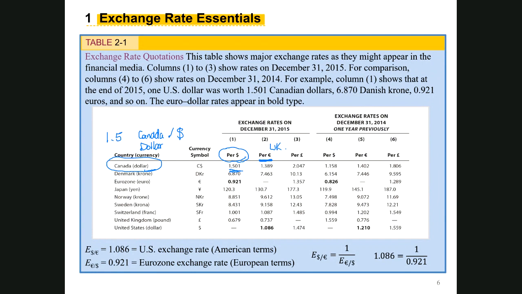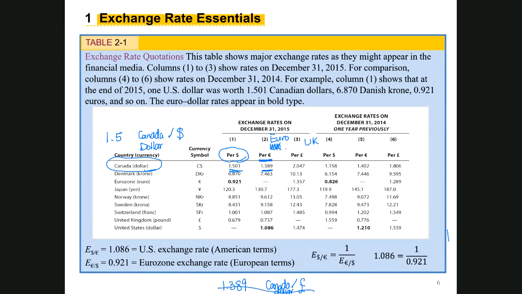So what's the number here? 1.398 means 1 pound is equal to 1.3989 of the Canadian dollars. Oh, sorry, this is euro. Sorry, this is not pound. This is the UK.